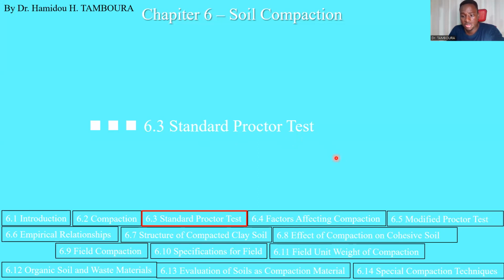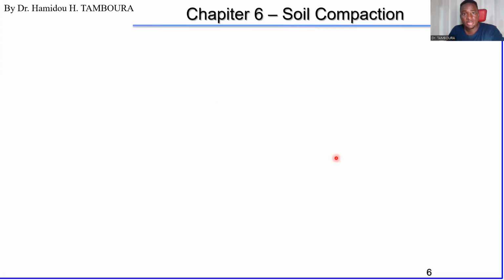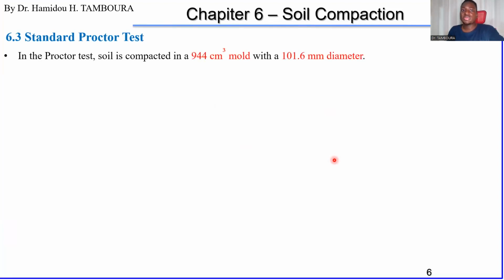What is this test and how do we do this test in the lab? Okay, so this Proctor test is done with soil, which is compacted in 944 cubic centimeter mold.